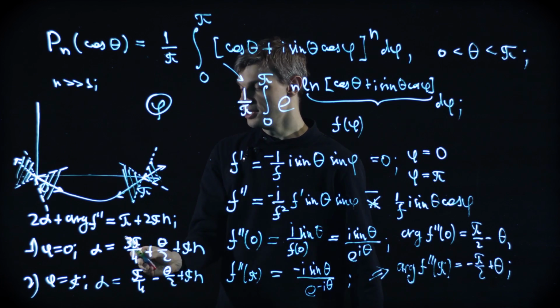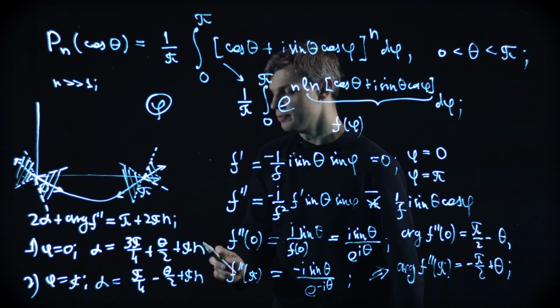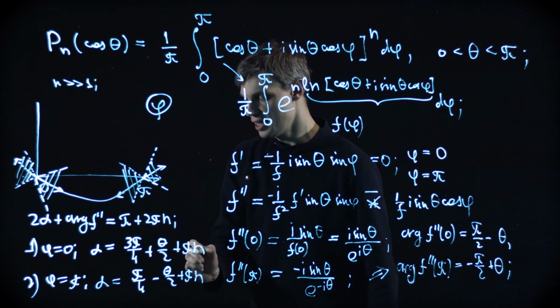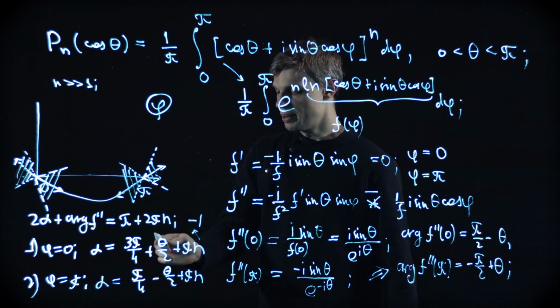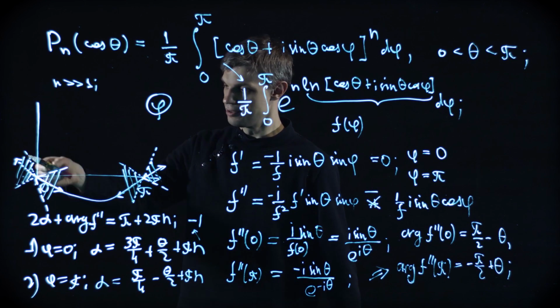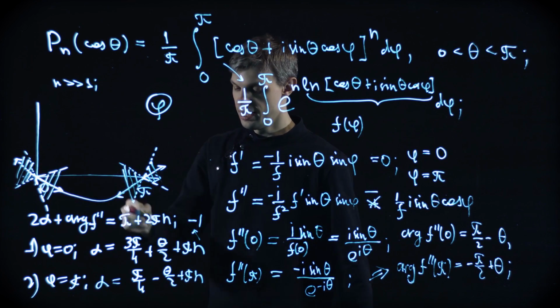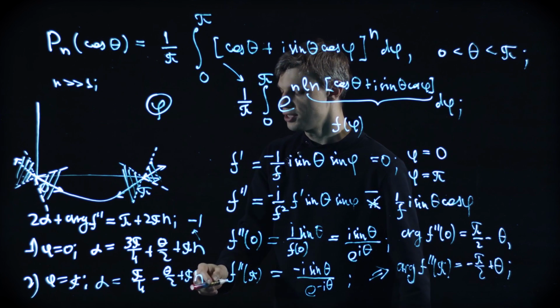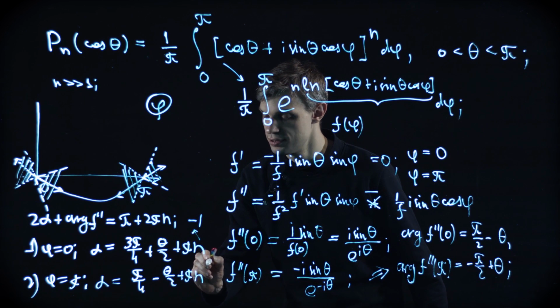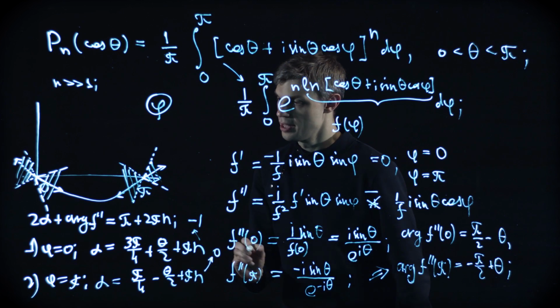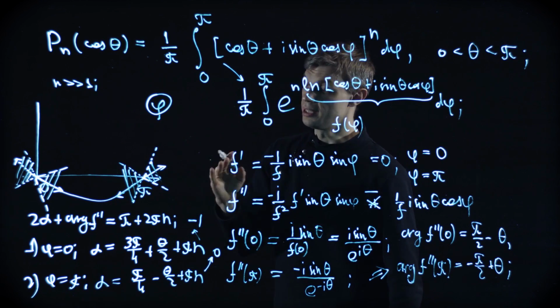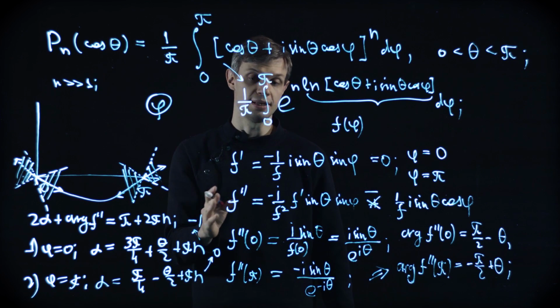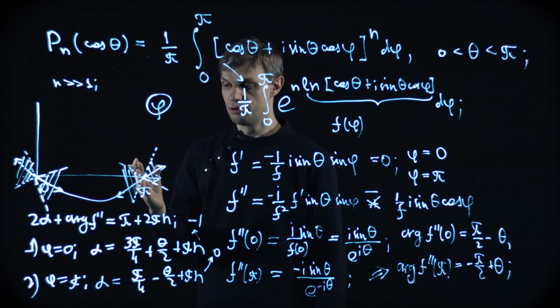Because the initial one is 3 pi by 4, for the correct direction in the first case we have to take n equal to minus 1, because it's 3 pi by 4 minus pi, so it's minus pi by 4. And for this direction we choose n equal to 0, because it's pi by 4 minus theta over 2. Right, and now we are ready to utilize our saddle point formula.